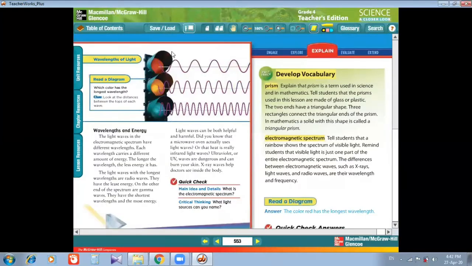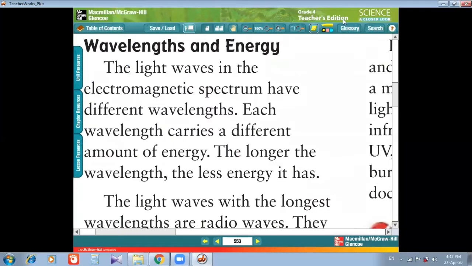Now on the next page, we have wavelengths and energy. The light waves in the electromagnetic spectrum have different wavelengths.